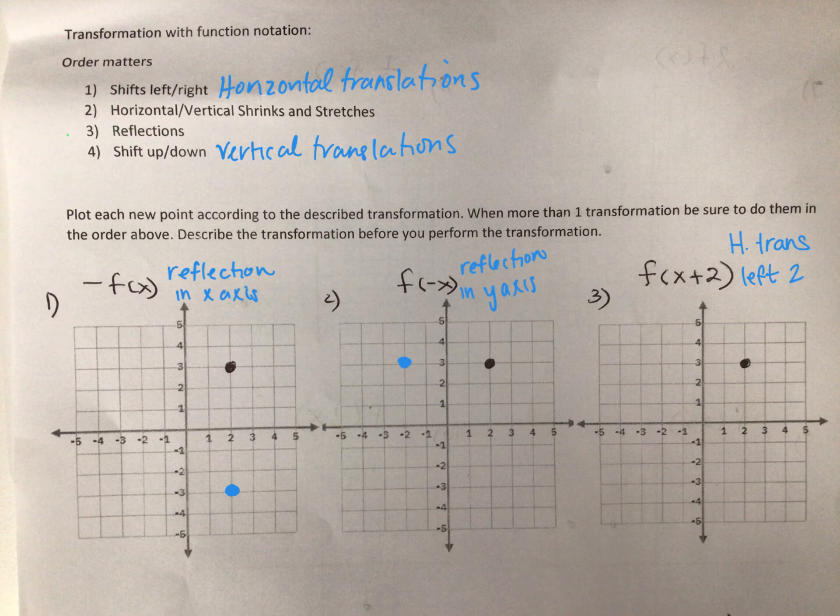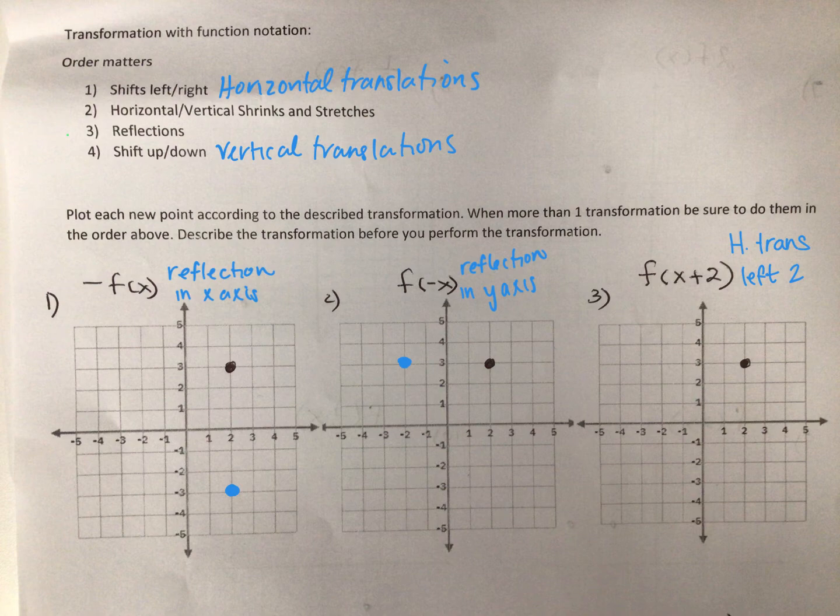Call it a horizontal translation, 2 units left. I wrote "left 2 units left" because I don't want to write that much. It's okay. You can write 2 units to the left. You can write left 2. All means the same thing. I tried to do it last year though when I put a horizontal translation, 2 units left, like that.